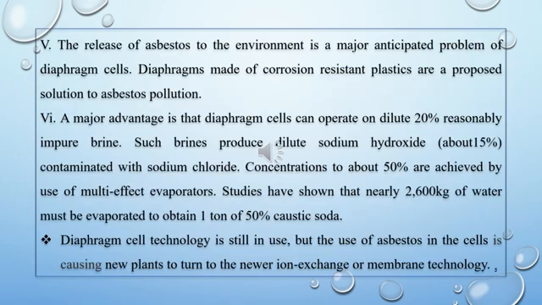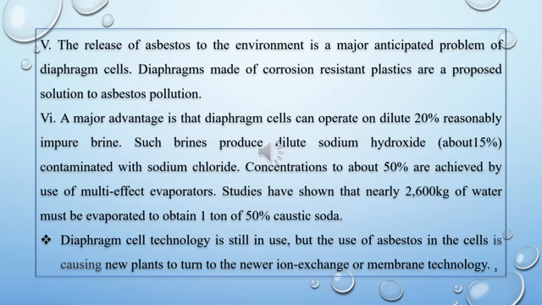The next point is that the release of asbestos to the environment is a major anticipated problem of the diaphragm cell. Diaphragms made of corrosion-resistant plastics are a proposed solution to asbestos pollution.